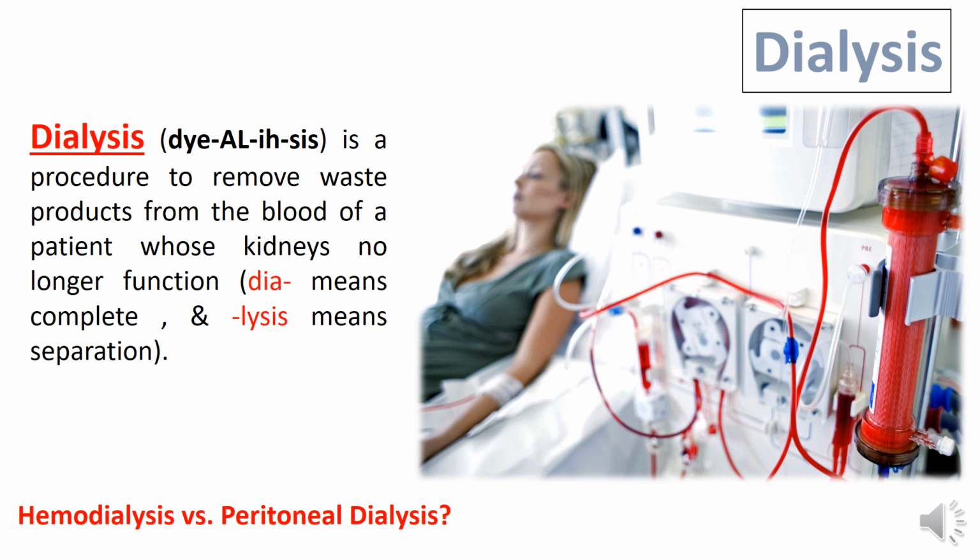Lysis means separation, which includes the separation of waste products from blood and return of the blood to the body. There are types of dialysis. One is hemodialysis, where we cleanse the blood from the waste products, and peritoneal dialysis, where we use the peritoneal cavity to cleanse the patients from the waste products of renal failure.